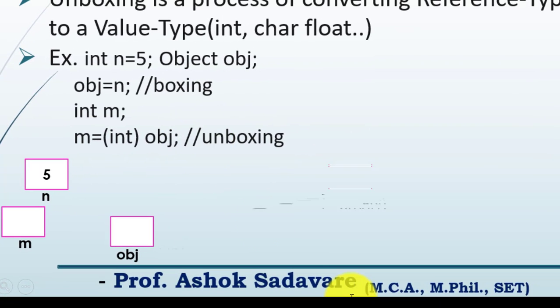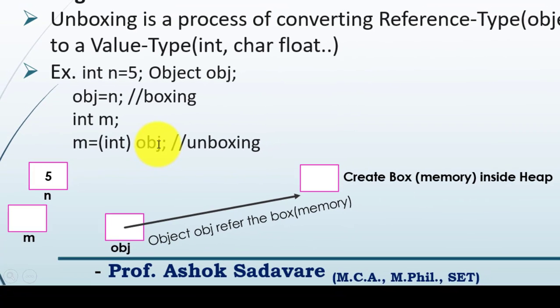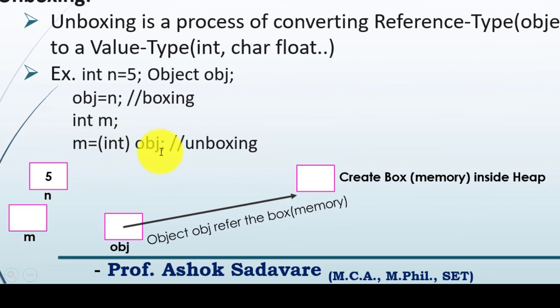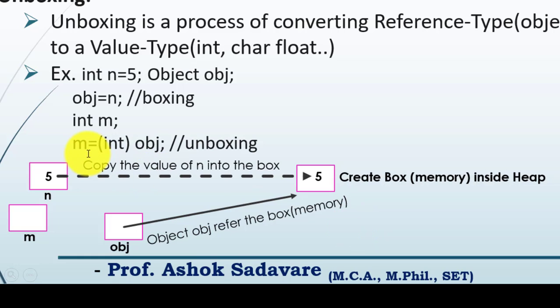Let's see. When you assign n to obj, the value type variable to the object type variable, it creates the box inside the heap section, and obj refers to that memory, to that box. The copy of the value of n is copied into that box.